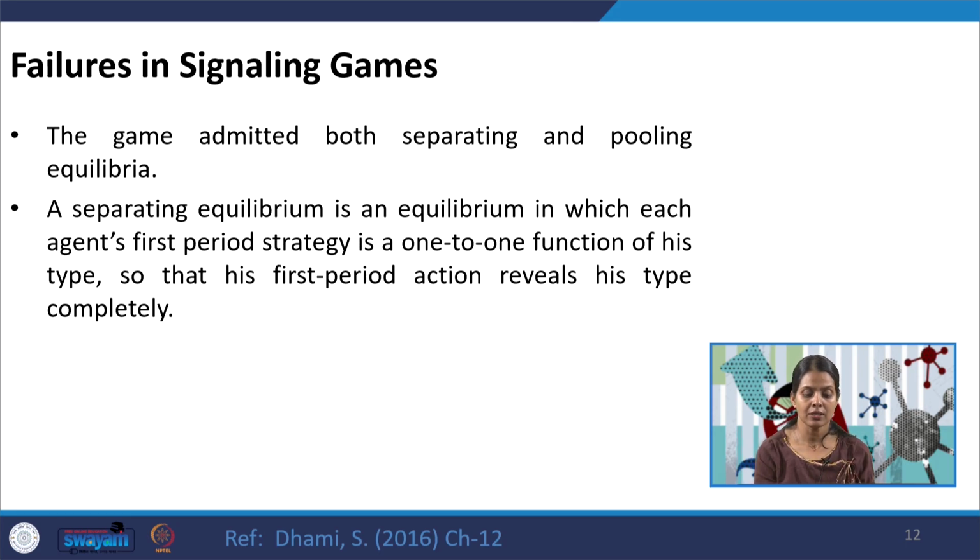A separating equilibrium is an equilibrium in which each agent's first period strategy is a one-to-one function of his type, so that his first period action reveals his type completely.